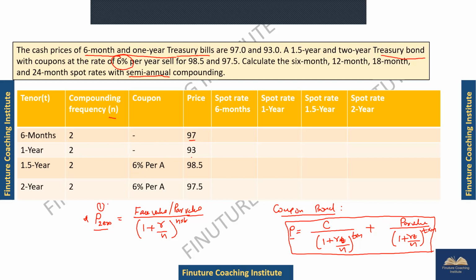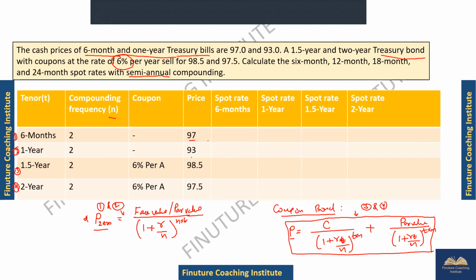If I call these 1, 2, 3, and 4, then for 1 and 2, I'll be using the zero coupon formula, and for 3 and 4, I'll be using the coupon bond formula.